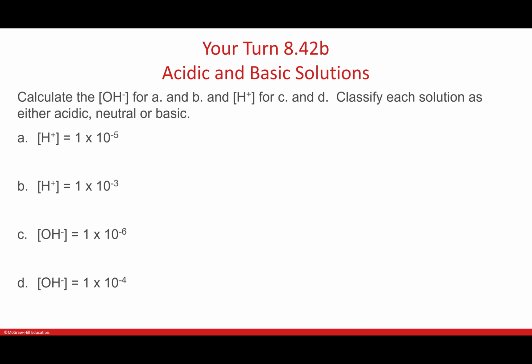Well, for A, we know the H plus is 1 times 10 to the negative fifth. How can we get to the OH minus? All we got to do is take 1 times 10 to the negative 14th and divide it by 1 times 10 to the negative fifth.